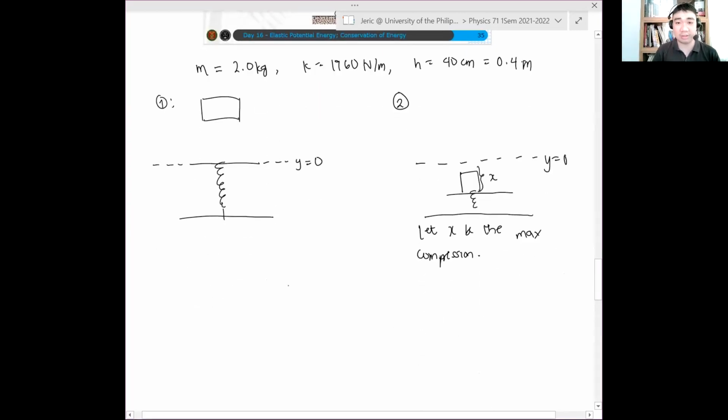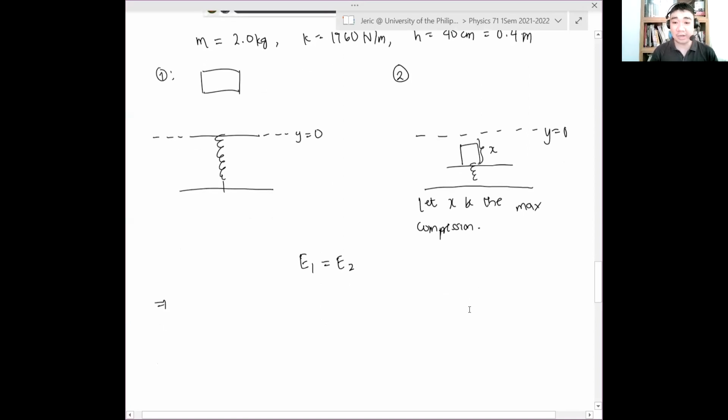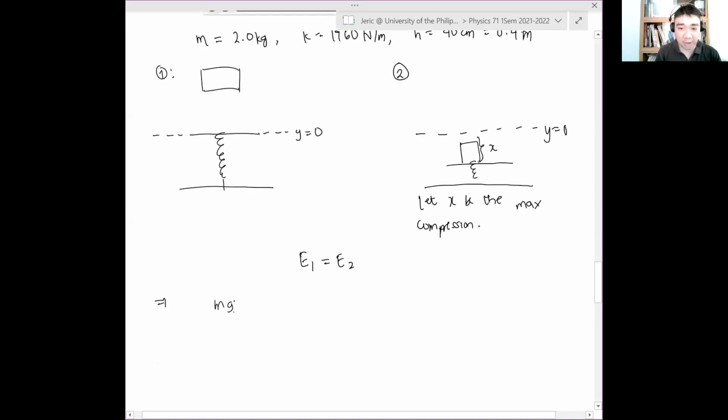Therefore, E1 equals E2, since there are no non-conservative forces acting on the system, we just write E1 equals E2 here. When I do the calculation, I have mgy1 plus 1/2 k x1 squared equals mgy2 plus 1/2 k x2 squared. Okay?